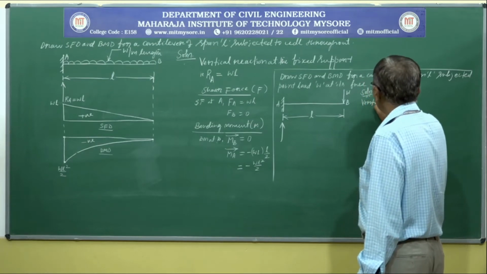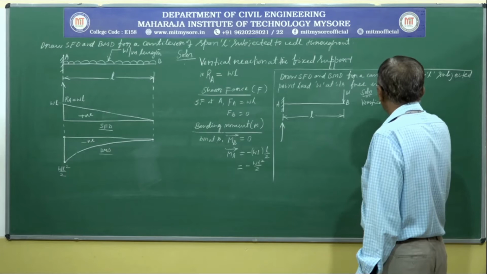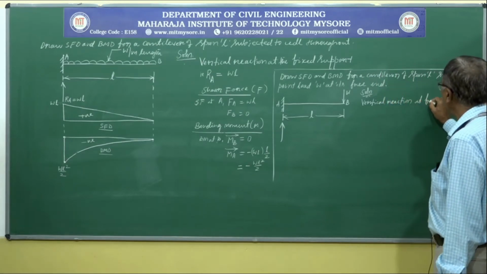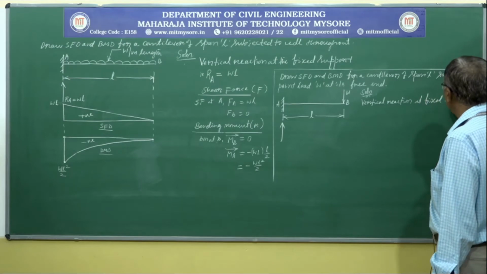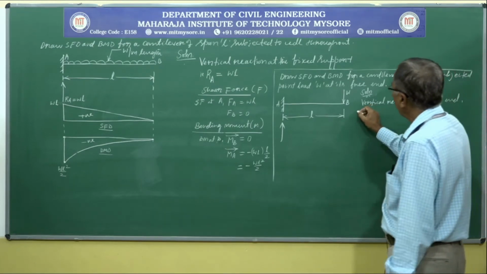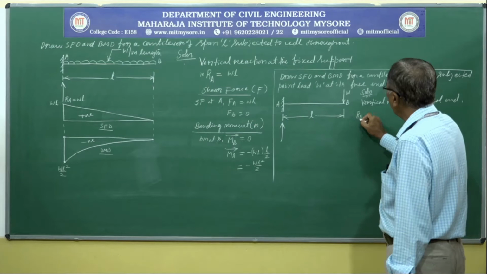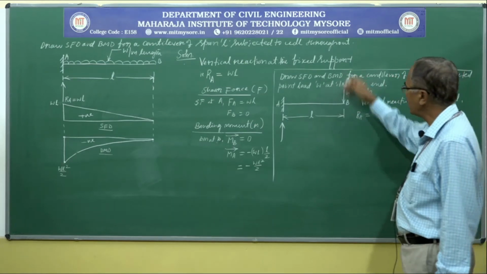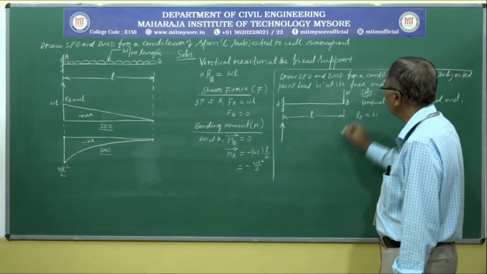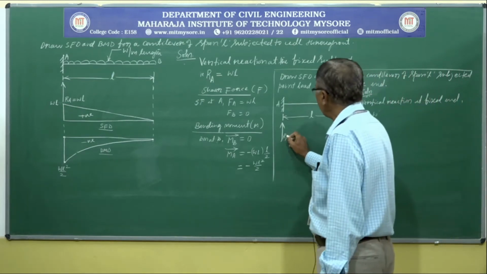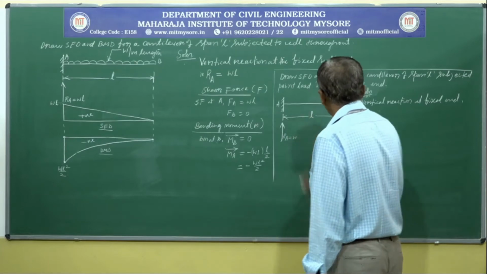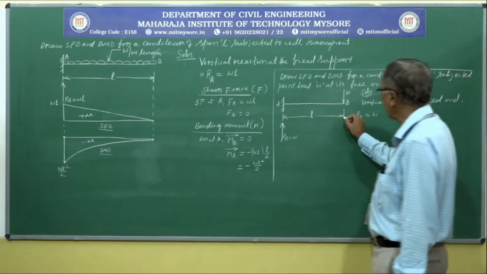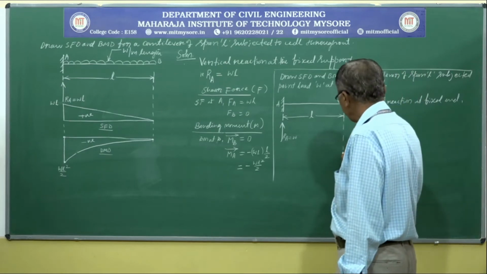Vertical reaction at fixed end, RA is equal to W, since W is acting at the free end, so only that W is to be considered. After calculating the reaction at A, we can draw the shear force diagram.